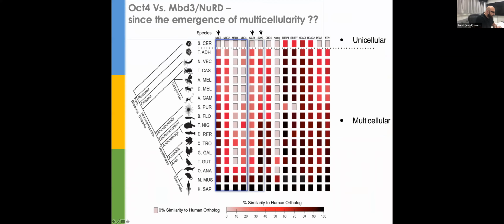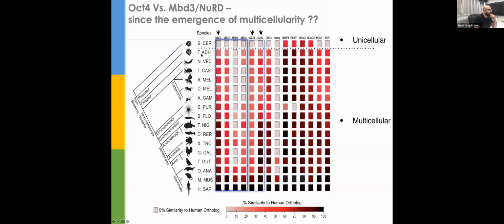We've been thinking still at the next level about what is happening with Mbd3 NuRD in development. And this is a figure by our collaborator, Chagai from Tel Aviv University, where we're looking at the evolution of pluripotency genes, and what about the evolution of repressors like the NuRD complex.